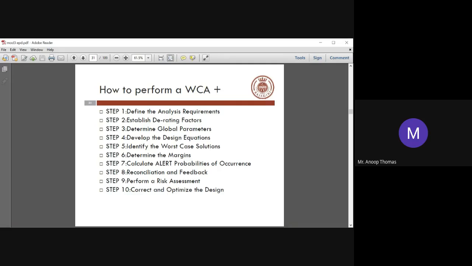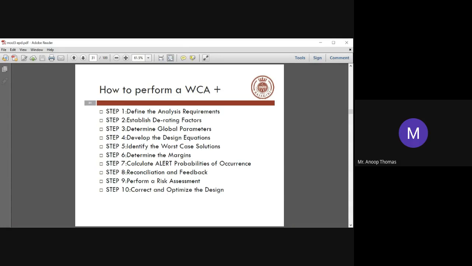From this point, calculating alert probabilities of occurrence, it comes as WCA Plus. WCA stops at the determination of the margins, just telling that these are the alert scenarios. The probability of it, the solution of it, how you correct this, do you optimize this, all of these come under WCA Plus.